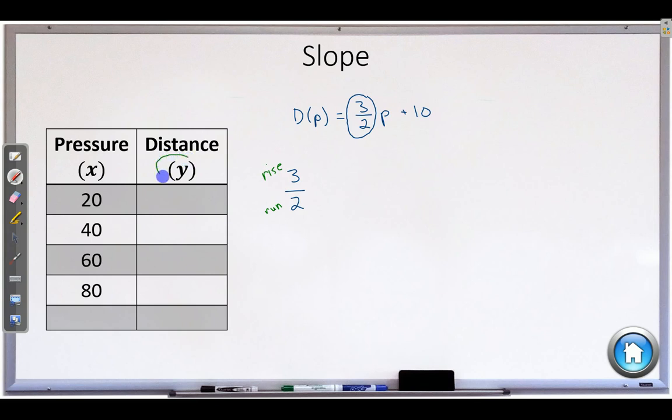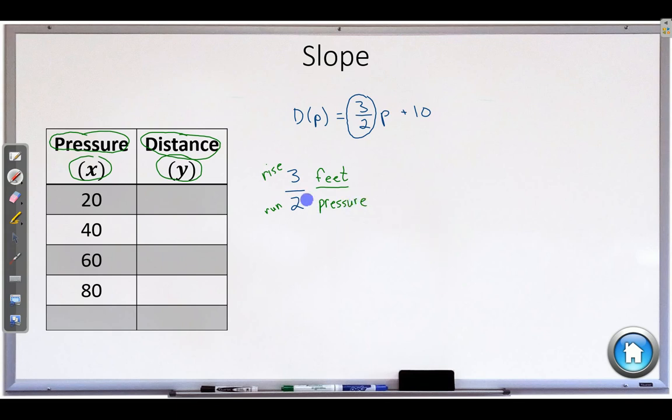Well, that's our y values, and y values stands for distance. So it's 3 feet of distance. And the 2 is our run, our side to side, which is x, which stands for pressure. So pressure is on the bottom.